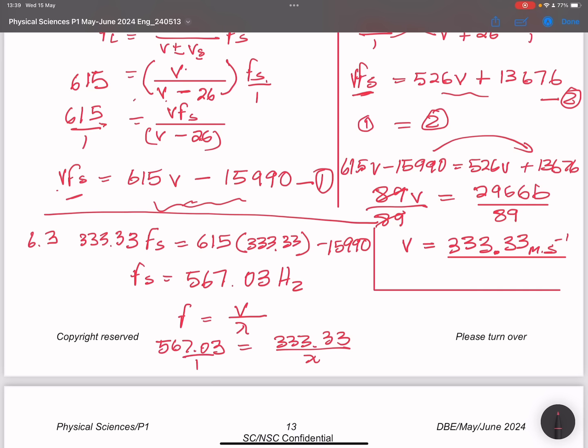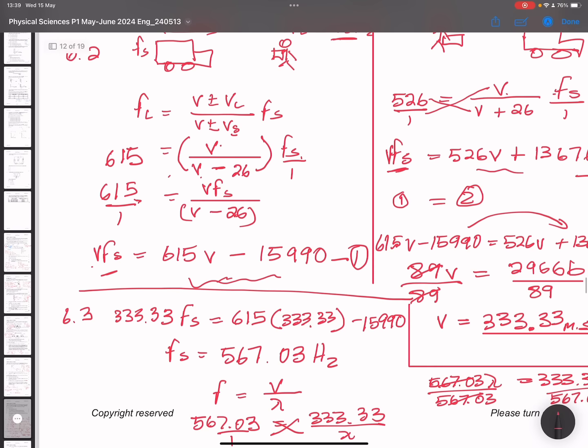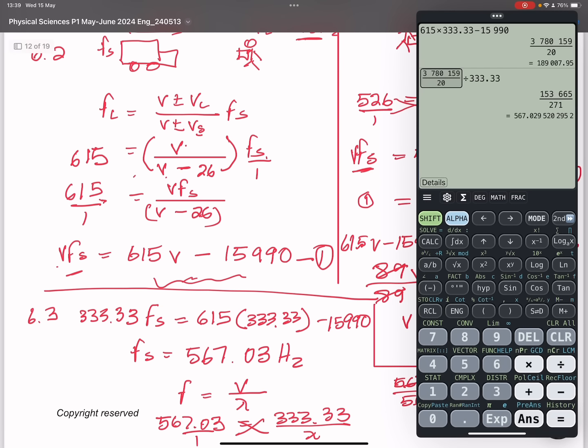So we're going to just cross multiply there. So if I cross multiply, I'll have 567.03 lambda is equal to 333.33, and we're going to divide both sides by 567.03. Right, and so that is really how the cookie will crumble.